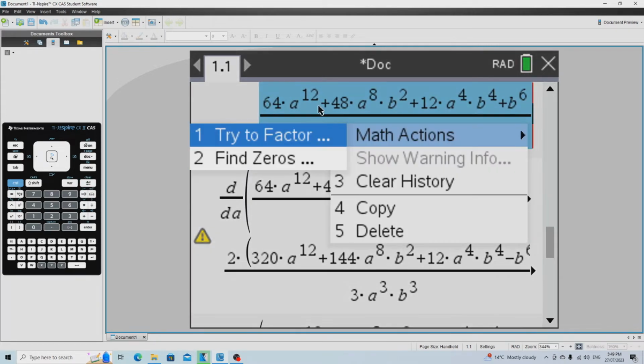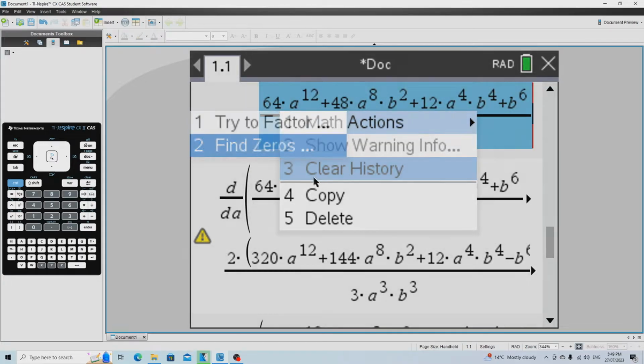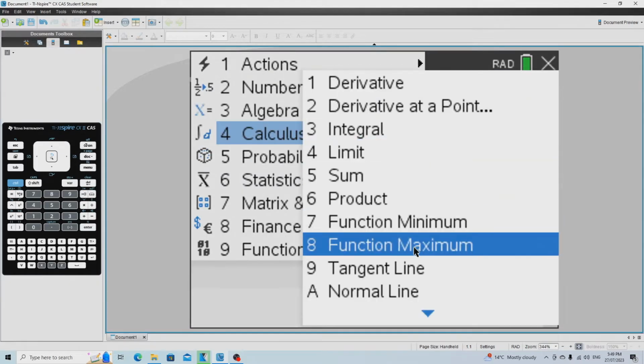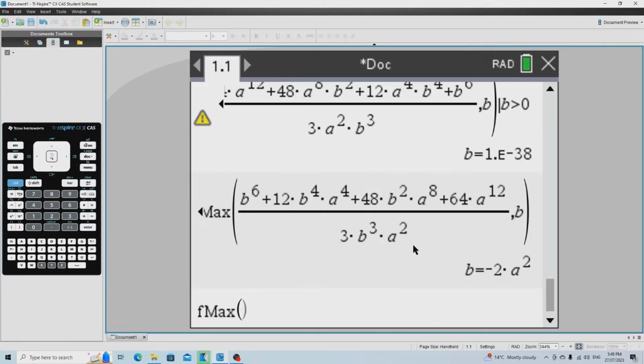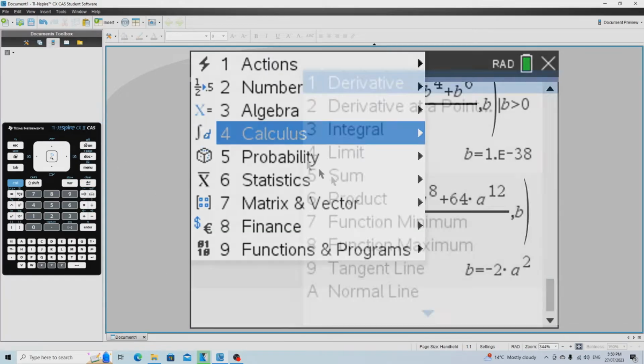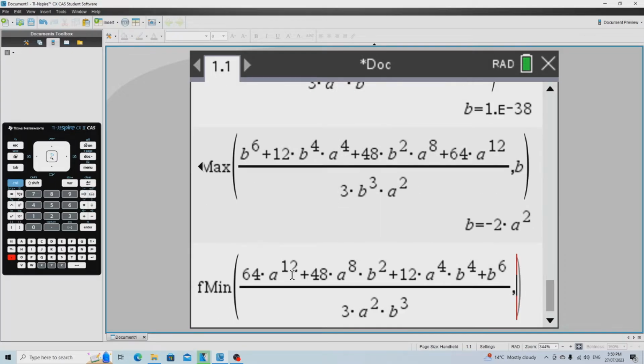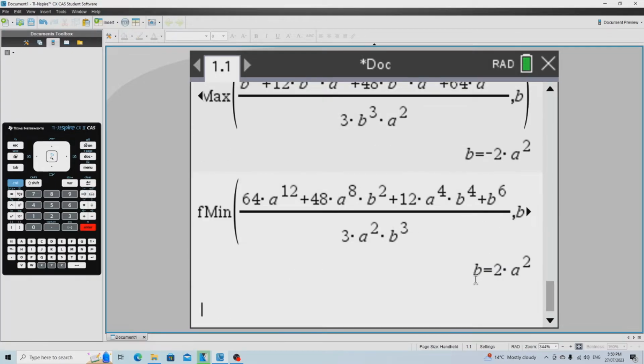I need to copy this and find the function minimum, so calculus, function, minimum, oh my god, function minimum. Okay, that explains it. Function minimum of the function in terms of b, we get b equals 2a.